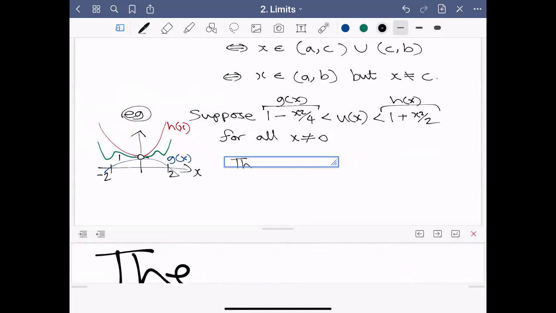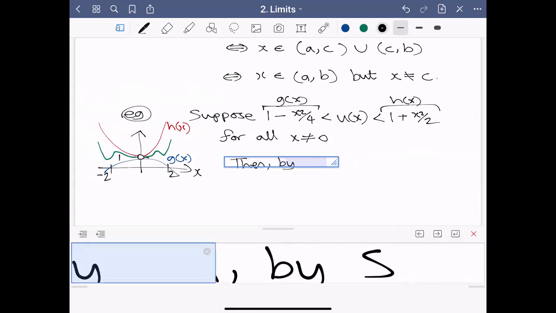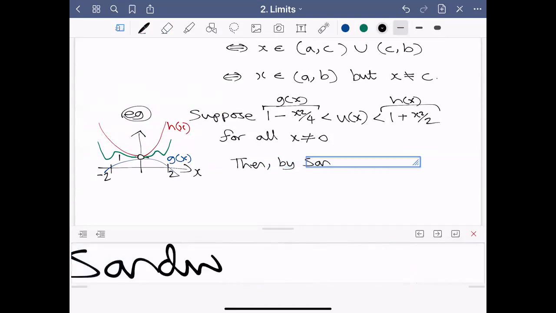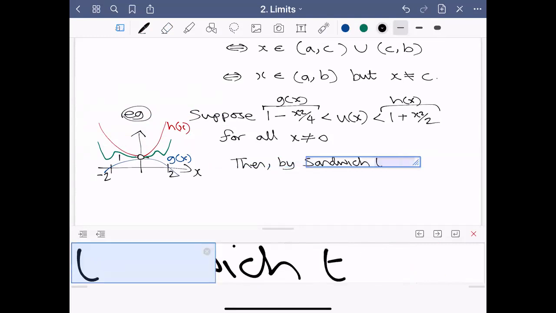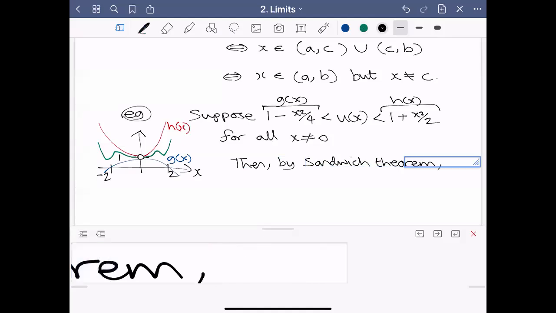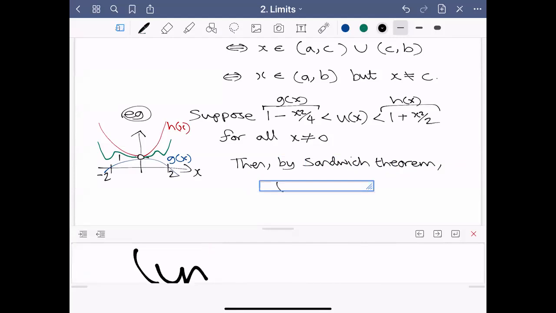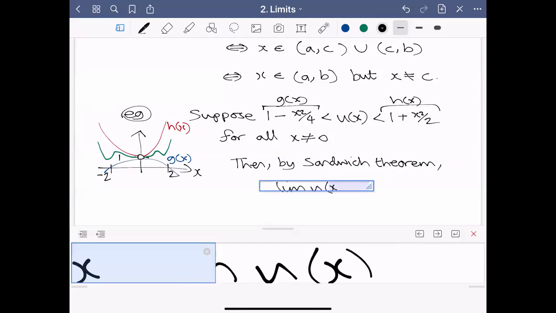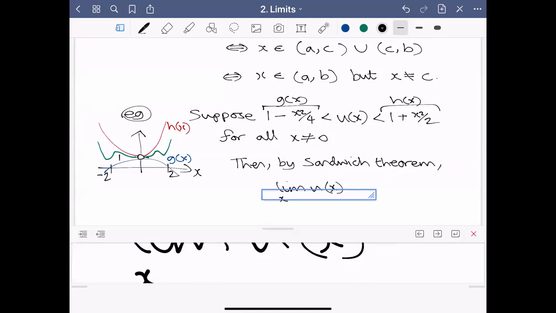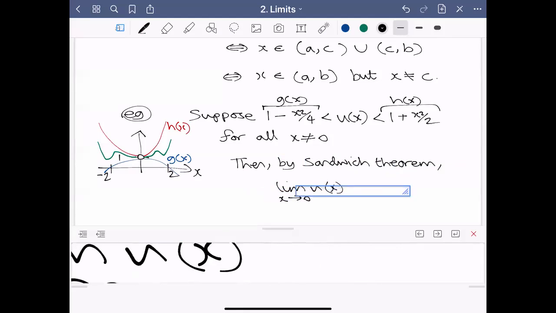Then, by sandwich theorem, the limit of u(x) as x goes to 0 is 1.